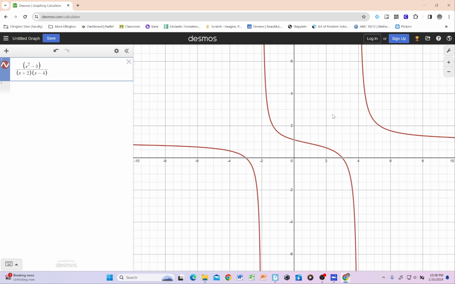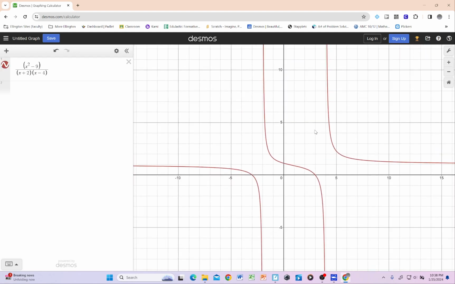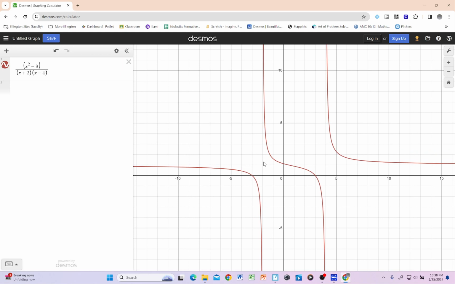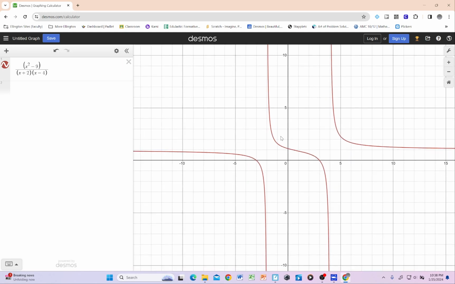Whoa, look at that function. So here's a really unique function. Now, Desmos won't show you where the asymptotes actually are. They're not going to draw the dotted lines for you. But you can kind of see where they would be, at negative 2 and at 4.